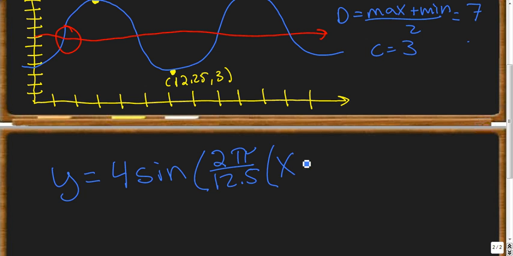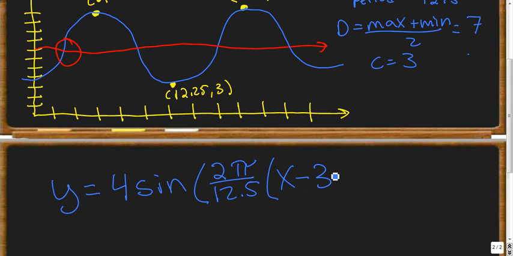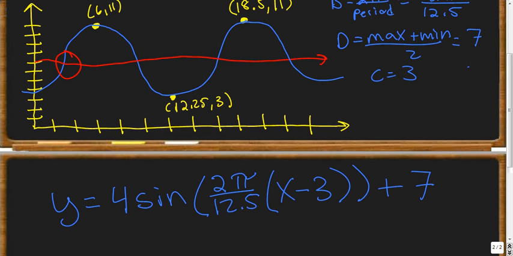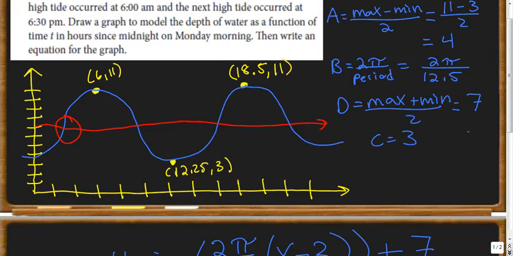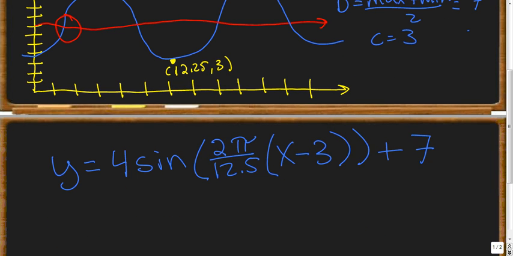And that's going to be x minus our C value, which is 3, and then finally plus 7. So not only have we sketched this graph, but we've also used the information from that graph to determine our equation. The only one that was a little bit up in the air was our C value. With a more accurate graph, we could determine that. But for our sketch, it looks good. All the data is correct, and we're left with this equation here.